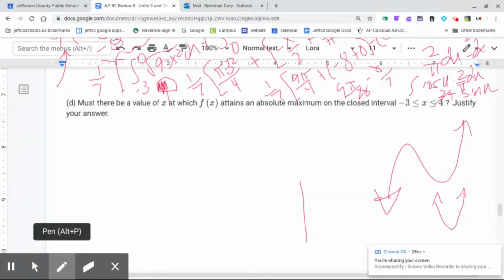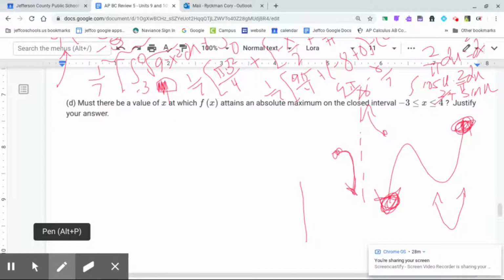It's just endpoints help it considerably in that it terminates the possible infiniteness on the outsides. However, that said, if you think about a graph like this, it has endpoints, but it doesn't have absolute max and min because, again, it's got that infinite discontinuity.